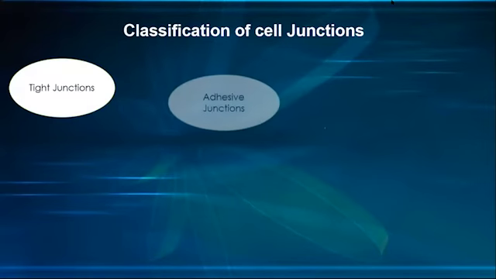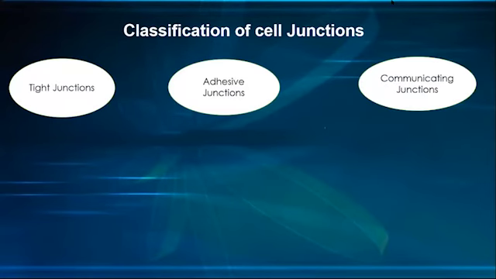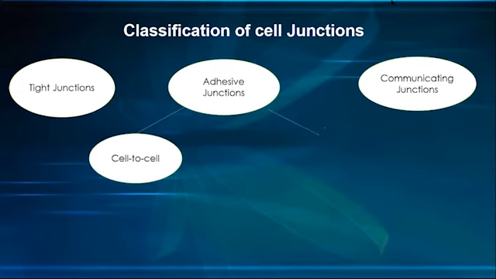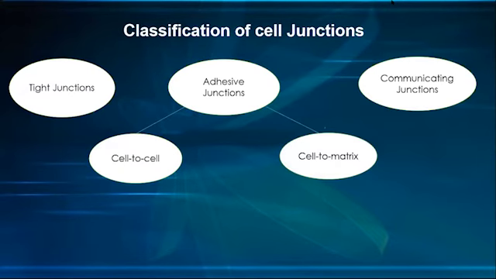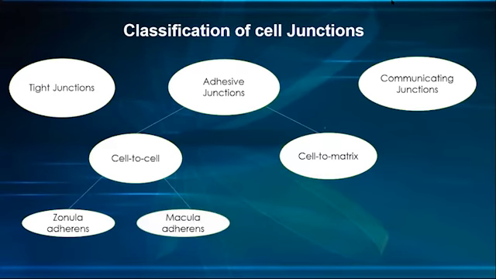So this is the classification. The main classification includes the tight junctions, adhesive junctions, and the communicating junctions. Then we have two subdivisions of the adhesive junctions, that are cell to cell junctions and the cell to matrix junctions. And the cell to cell are further sub-classified as zonal adherence, macular adherence.